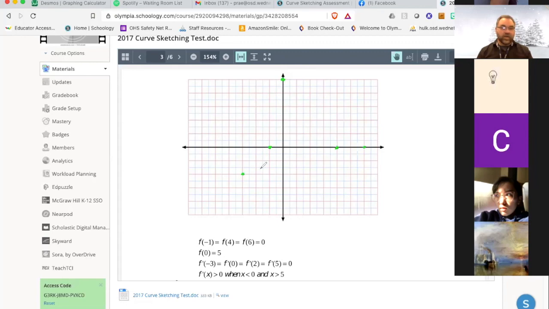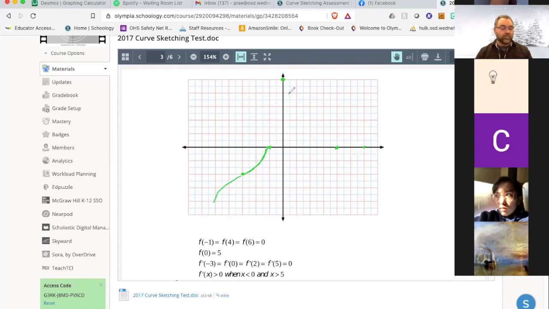We know f was concave down, but increasing until we got to -3. Then it switched to concave up, and it stayed concave up until -1. And then it switched to concave down, and it stays concave down now all the way to 1/2.